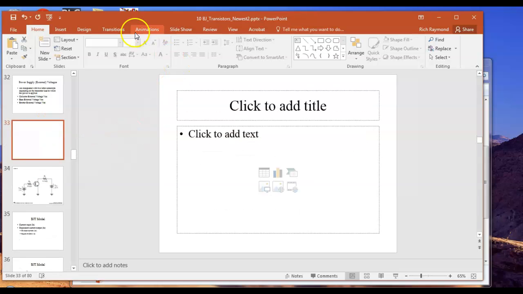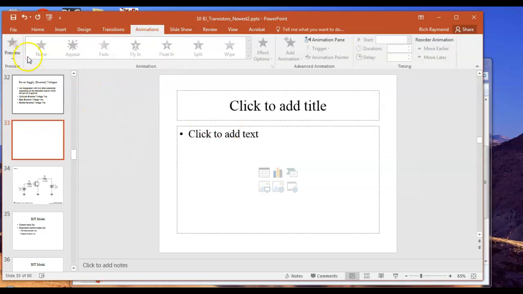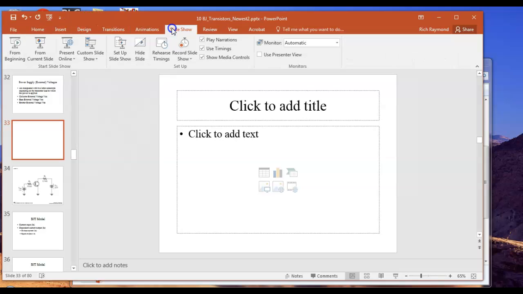So let's say I want to turn on a light emitting diode, and I want to do something that provides very, very little current.